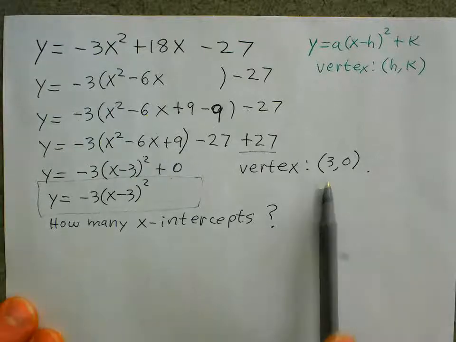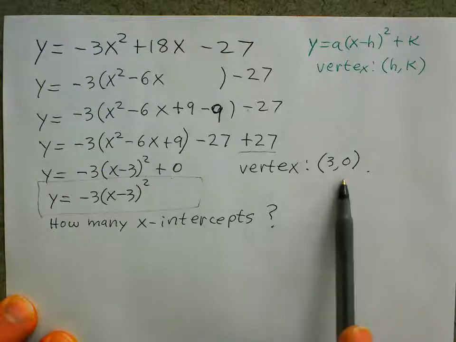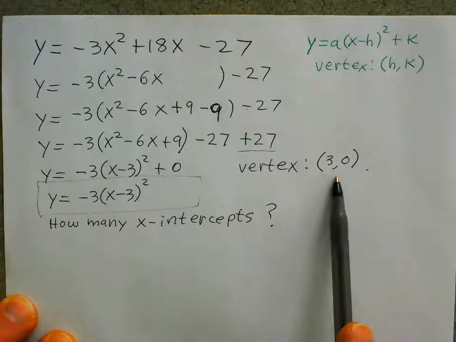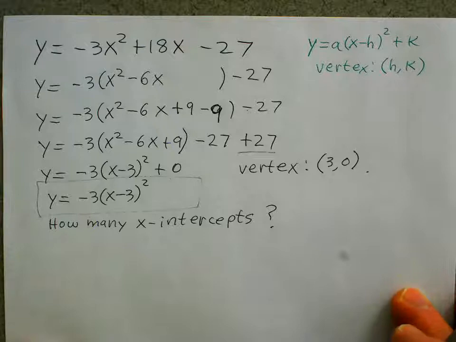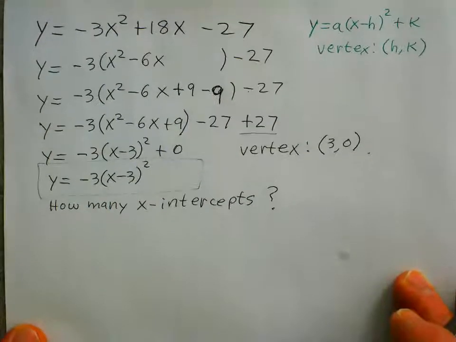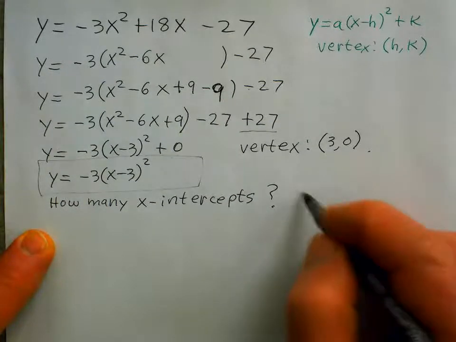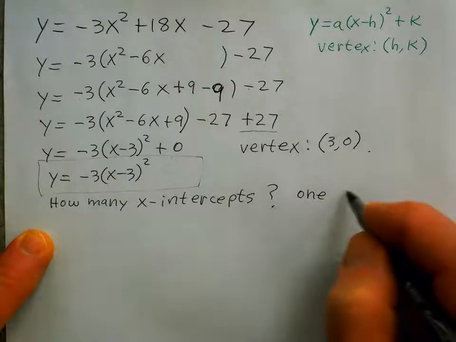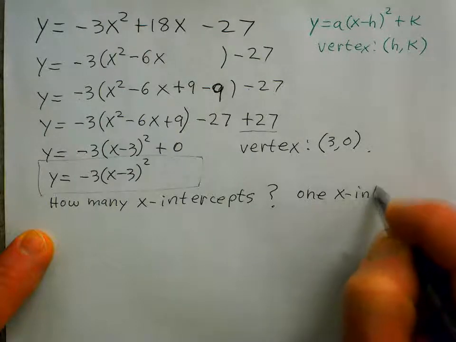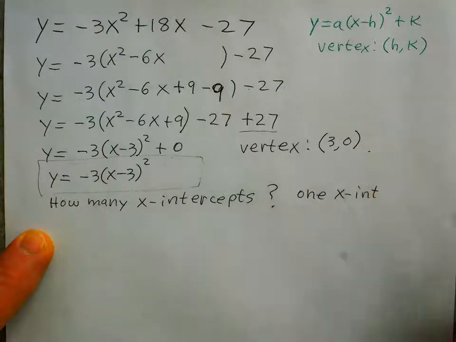Yeah, the vertex is also the x-intercept. Okay, so there's 1 x-intercept. Whenever there's only 1 x-intercept, it means that it's the vertex also.